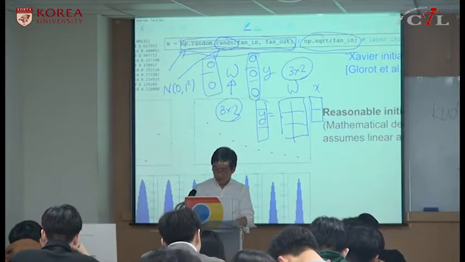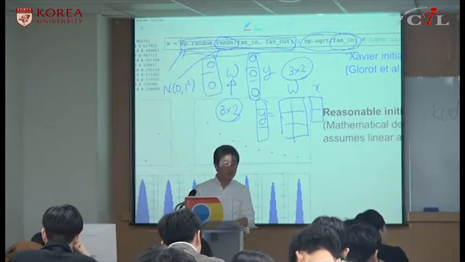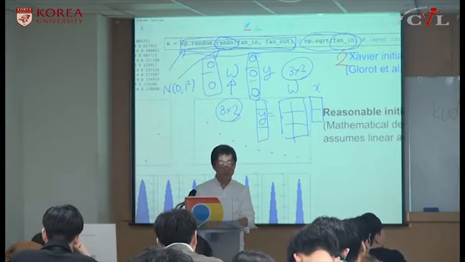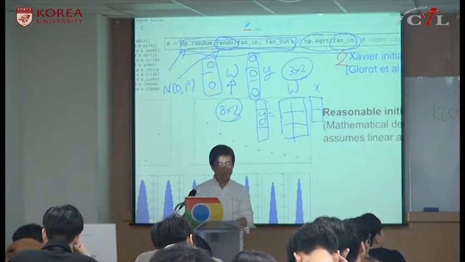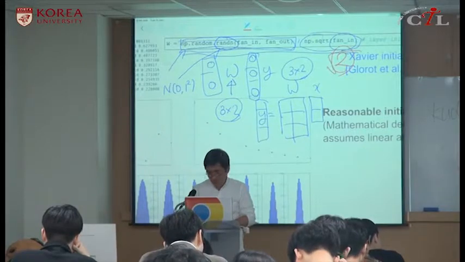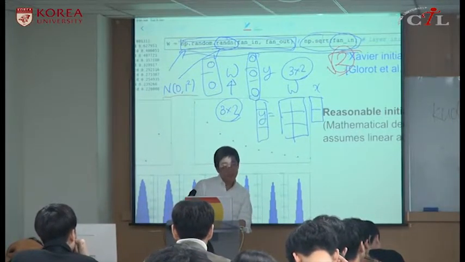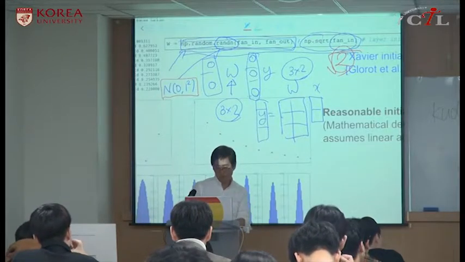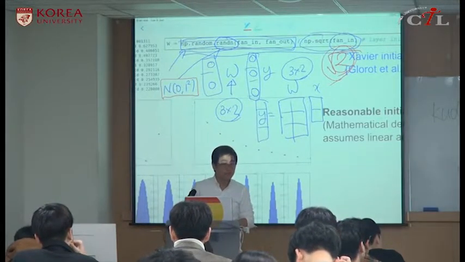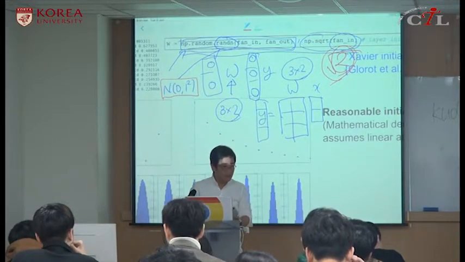So here the fan-in is the number of input nodes, which is 2. And then it's dividing the initialization samples obtained from this distribution by square root of 2, right? Why do we divide it by this number?